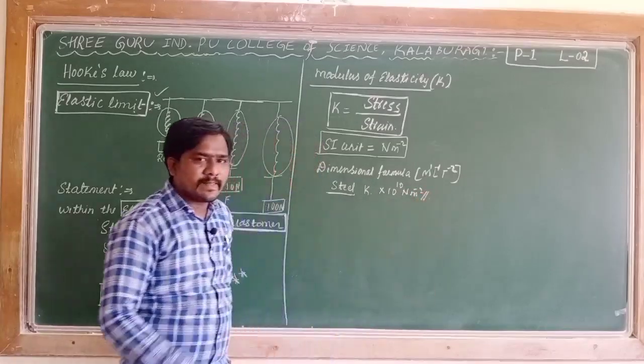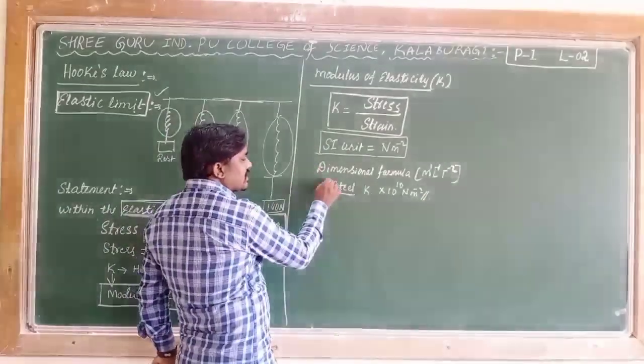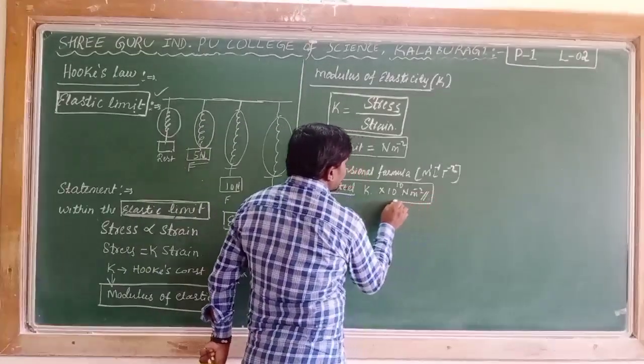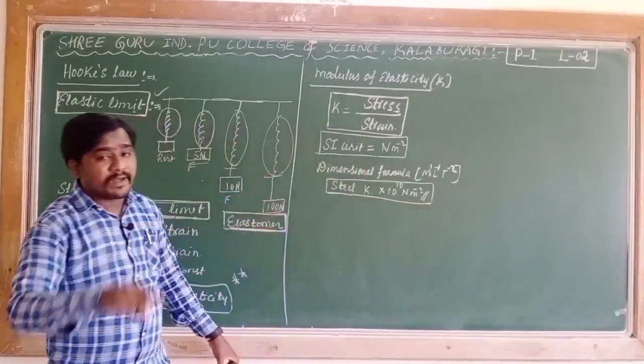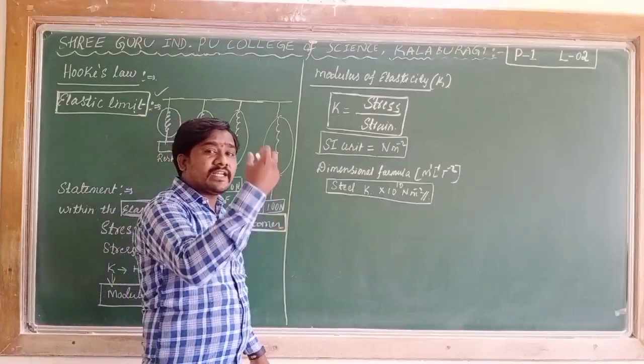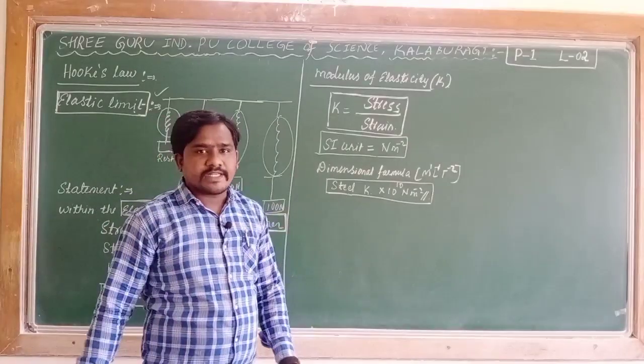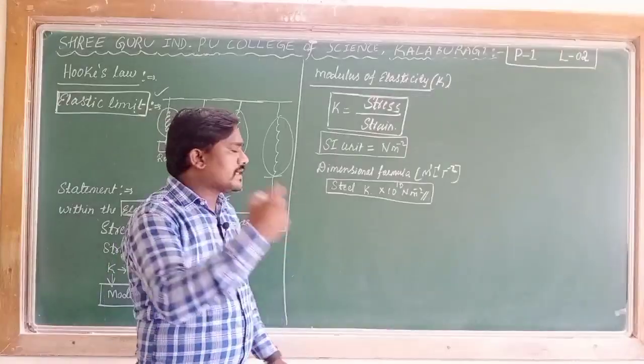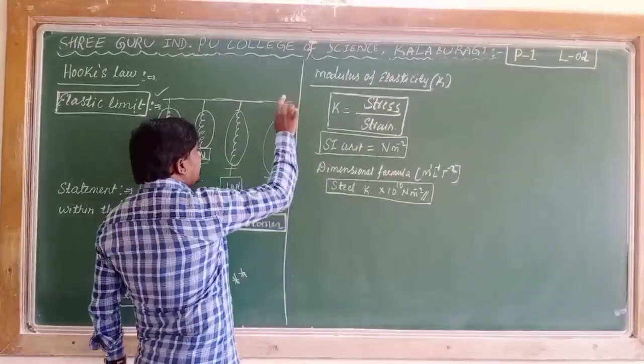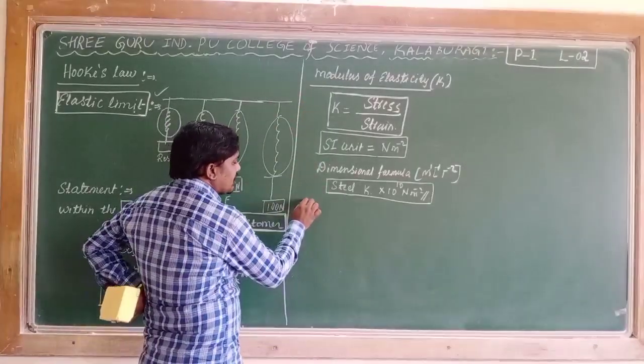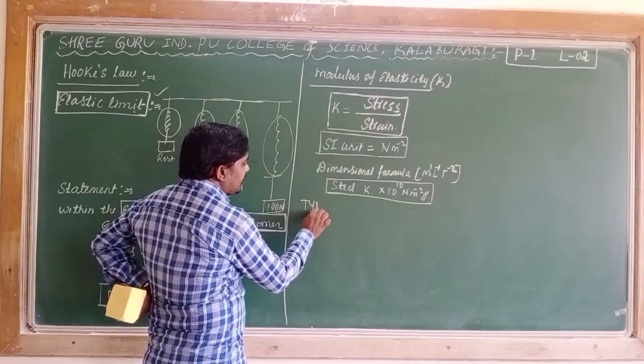Approximately we are considering. And the modulus of elasticity depends on the stress applied and how much strain is gained by that object, material, or matter. And modulus of elasticity is also of three types.